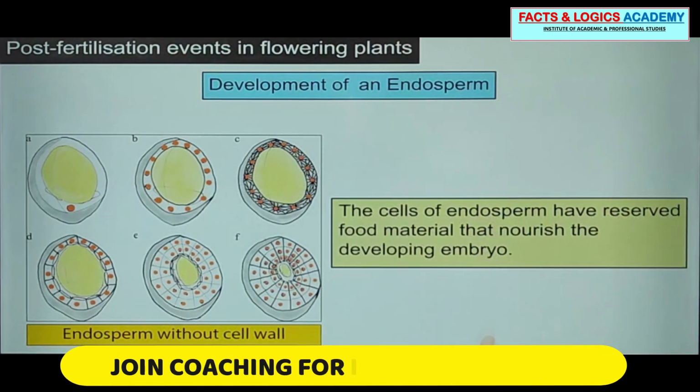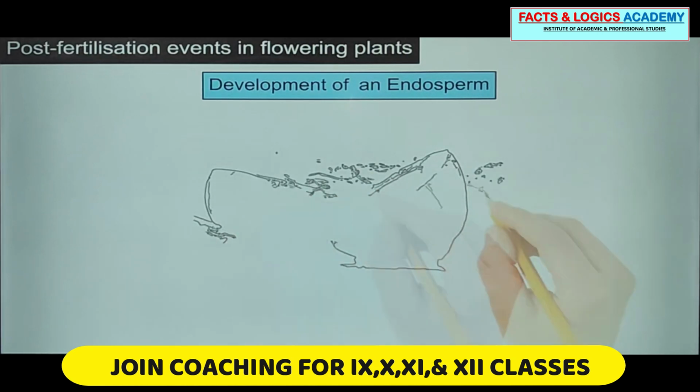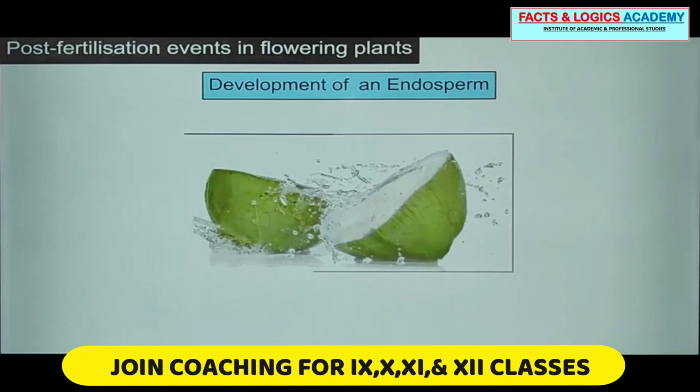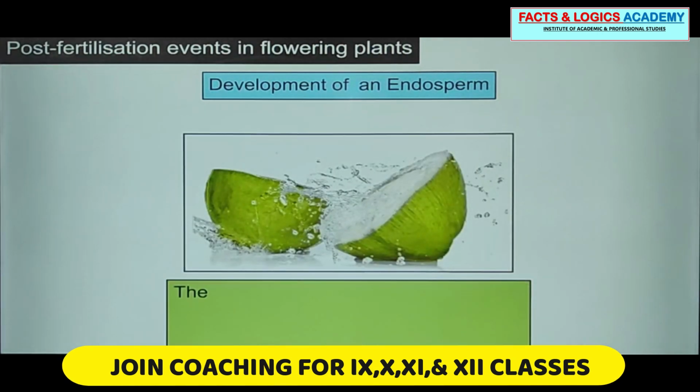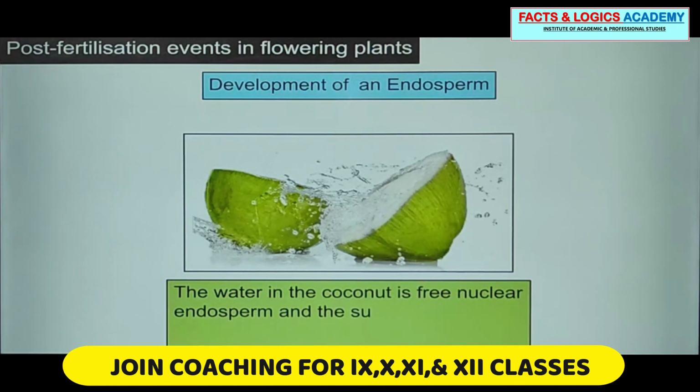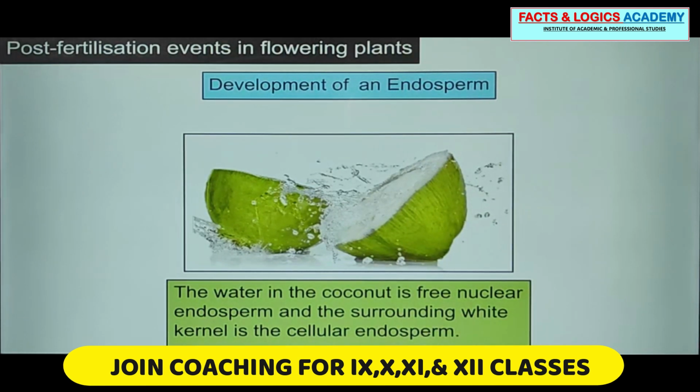Well, the cells of this tissue are filled with reserved food materials and serve as the embryo's food supply during the early development. So, do you like coconuts? Well, yes, who doesn't? The water in the coconut is nothing but the free nuclear endosperm, which is made up of thousands of nuclei, and the surrounding white kernel is the cellular endosperm.